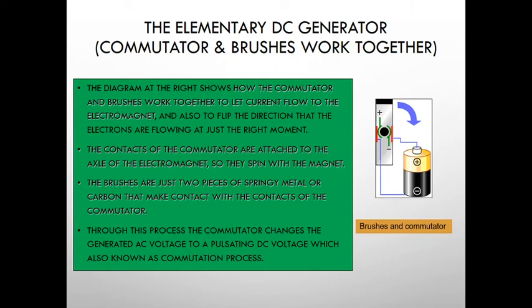Through this process, the commutator changes the generated AC voltage to a pulsating DC voltage, also known as the commutating process. So that is how the commutator and brushes work together. When the armature turns, the commutator turns with it, and the armature keeps spinning.